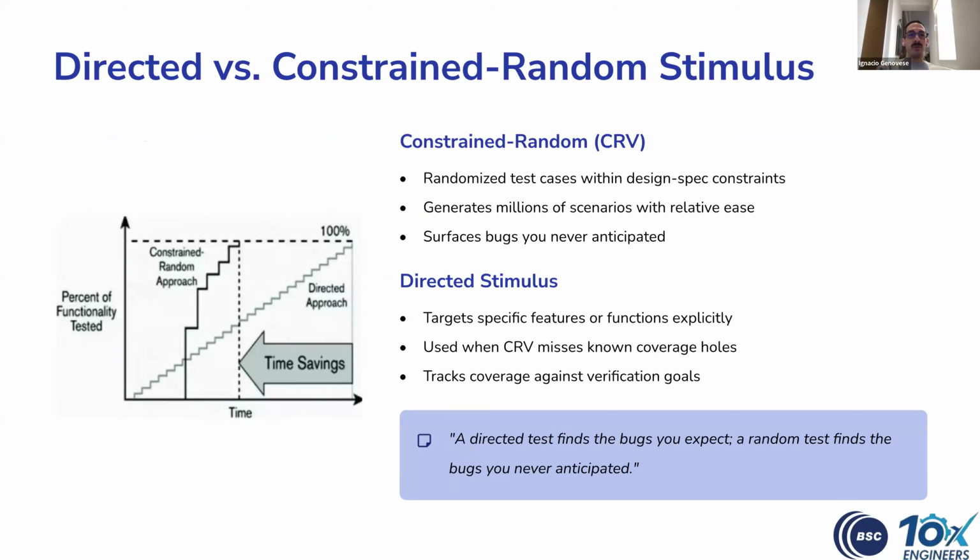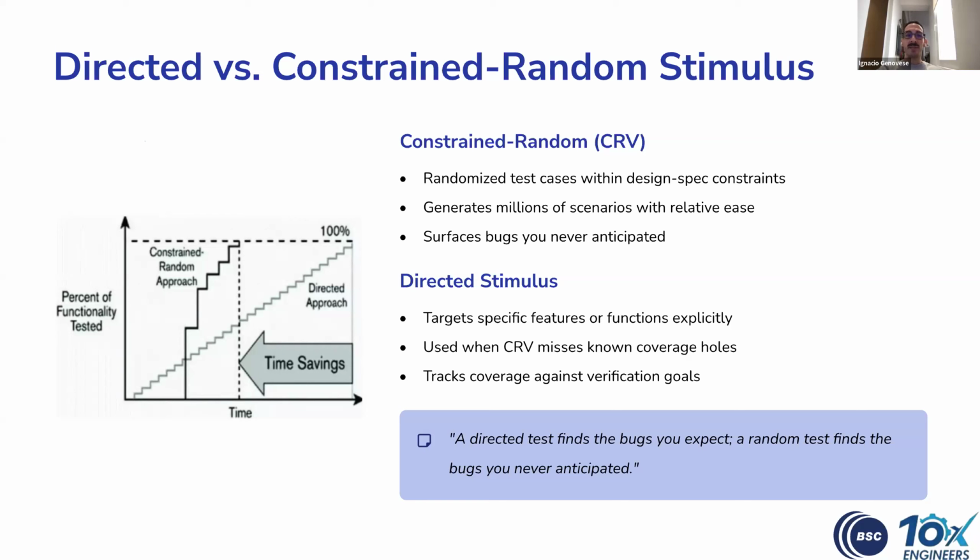This brings us to one of the most powerful combinations in dynamic verification, directed versus constrained random stimulus. So we might have two kinds of tests, directed tests versus constrained random tests. A directed test finds the bugs that you expect.